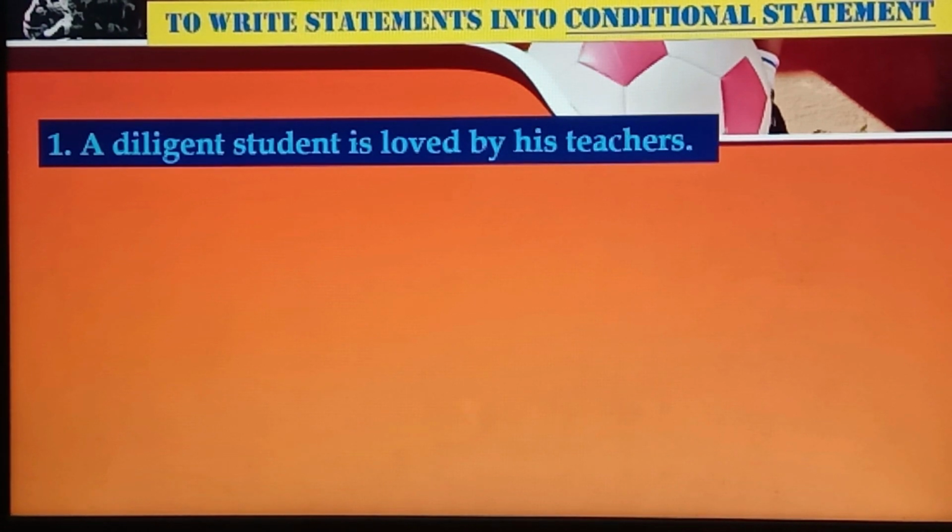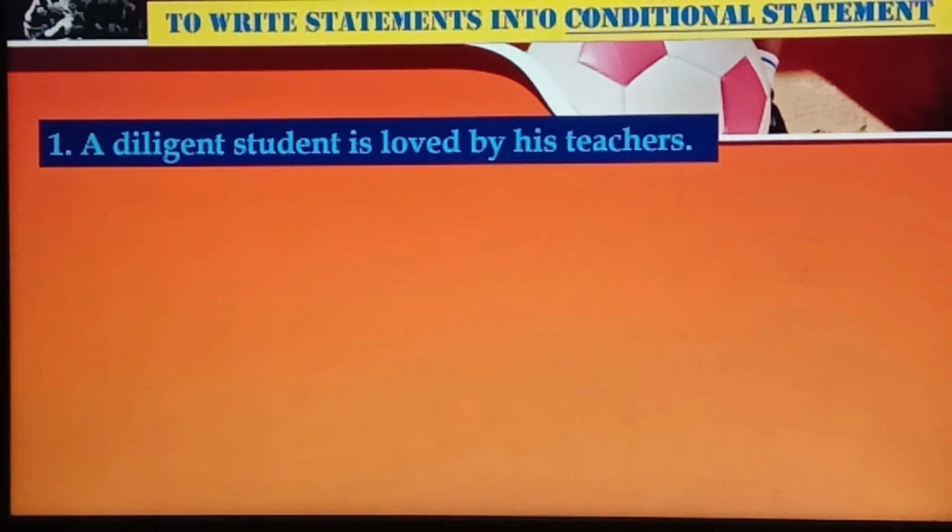Now, focusing on the conditional statement, which in other references is also called the if-then statement, let us try to write given statements into a conditional statement.